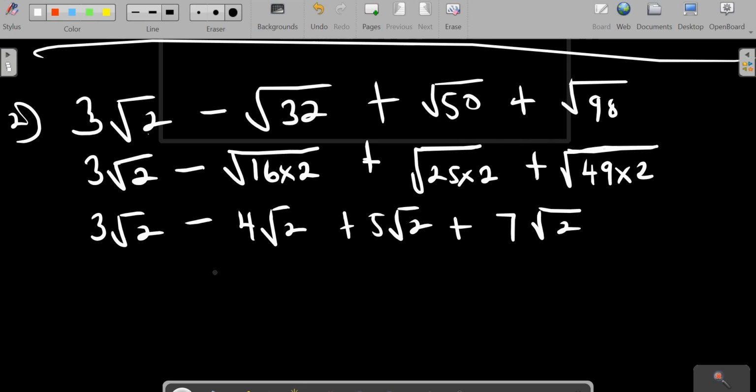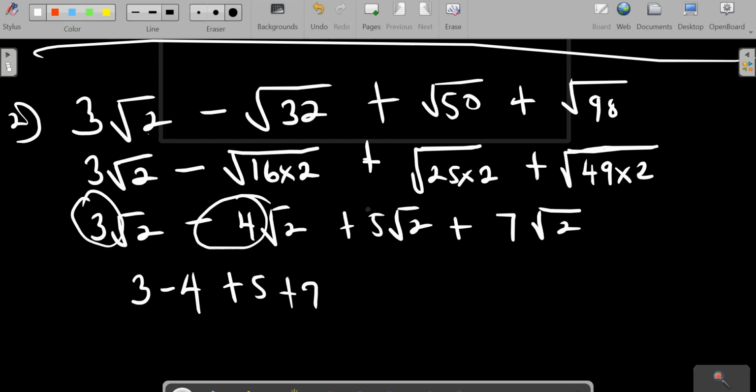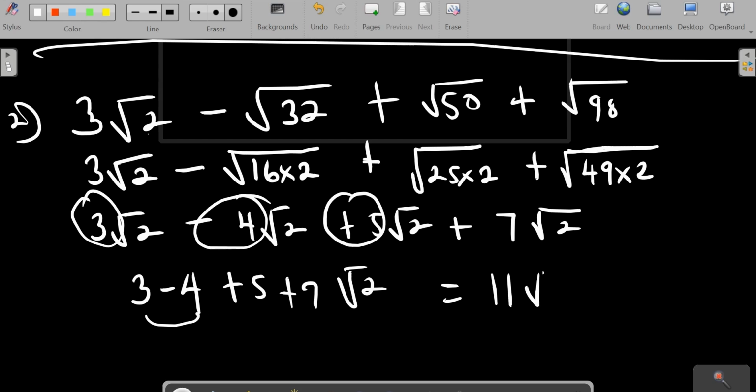All you need to do is add and subtract the coefficients of your root 2. So you have 3 minus 4 plus 5 plus 7. I pick these coefficients, then you put your root 2. Now what is 3 minus 4? 3 minus 4 is minus 1. Minus 1 plus 5 will be 4. 4 plus 7, that will be 11 root 2. So our final answer is 11 root 2.